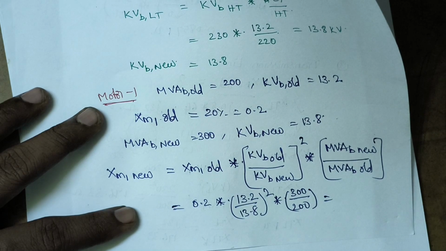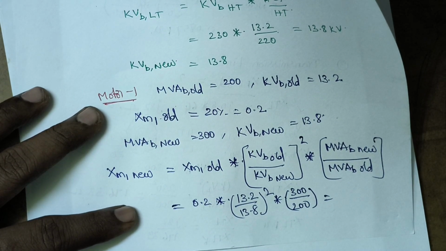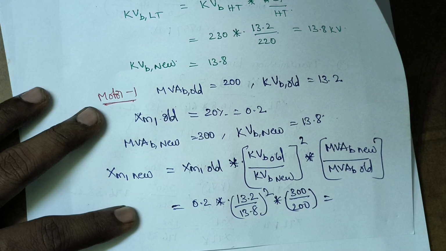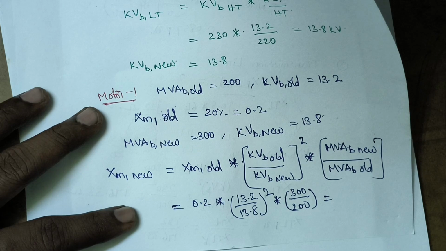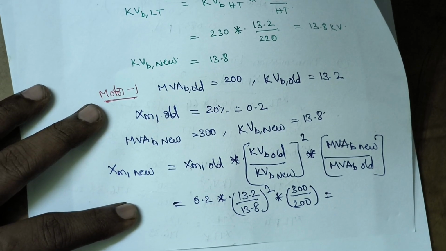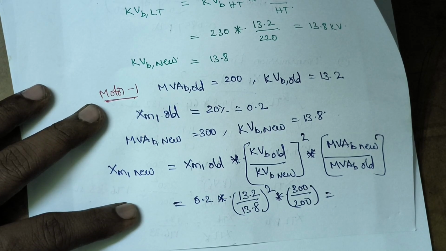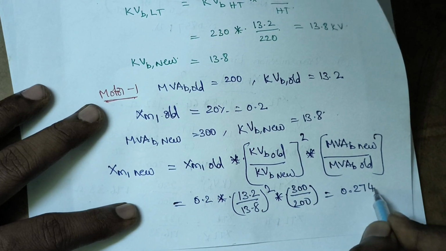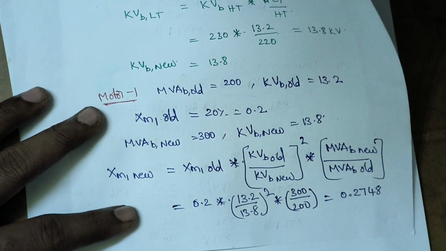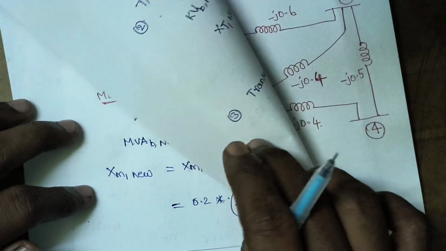Then how much is this value? 0.2 into 300 by 200 into 13.2 by 13.8 whole square. This value is 0.2748. Let me take 0.2748 like this. So motor 1 is also over.